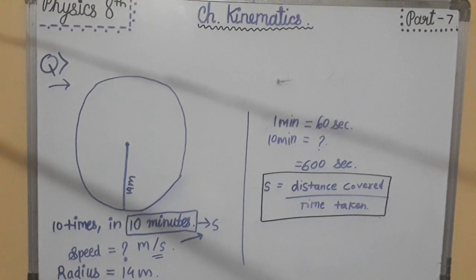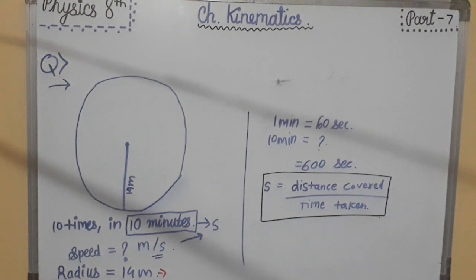After that, step 4 is substitution of terms. Now we will place the terms in their places. So speed will be equal to distance covered. Distance we don't know because only radius is given. So there is a formula for finding the distance covered by the athlete in circular path.